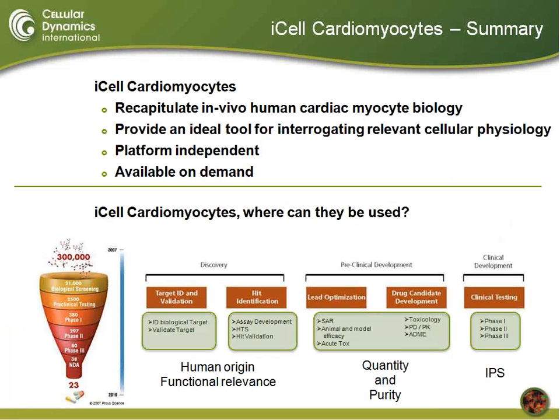On the bottom half here, I have essentially the drug discovery pipeline, starting with your target ID validation, your hit identification, going into your lead optimization, your toxicity testing, and your clinical testing. With the quantity and purity of the cells, you can really go in to investigate your different mechanisms.